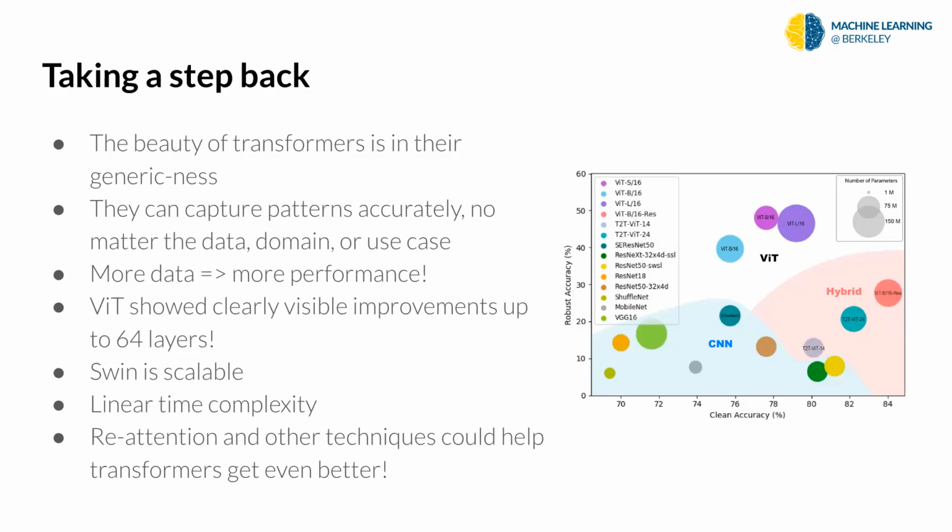And ViTs clearly show visible improvements up to 64 layers, whereas CNNs we see kind of tap out a little earlier on. Swin is scalable. We know that. It introduces linear time complexity because you're only performing attention within each window. And Swin, because of that, is a lot more computationally efficient, especially given the fact that we're able to get finer grain detail in our image.